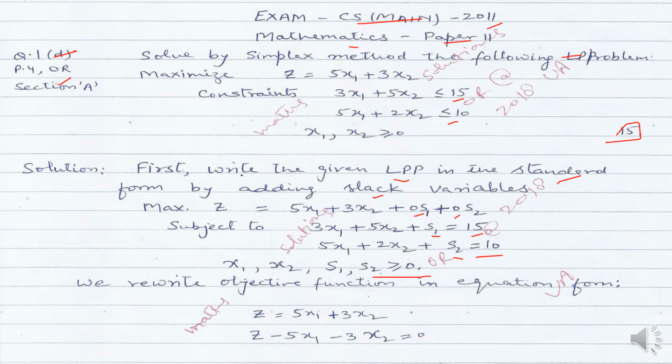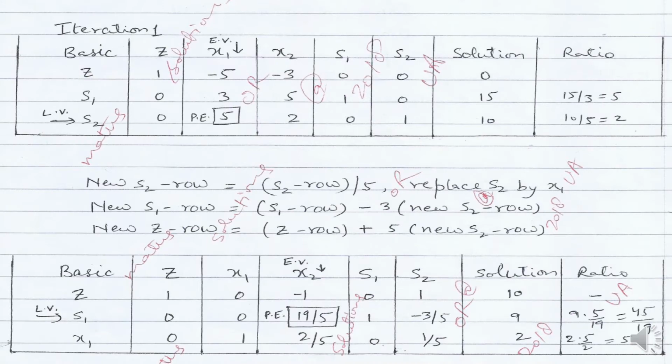We rewrite the objective function in the equation form and we bring these two on left hand side. So this becomes z minus 5x1 minus 3x2. To solve the problem by simplex method, we write down the problem in tabular form and we call it iteration 1, in which s1, s2 are basic variables and value of s1 is 15, value of s2 is 10.